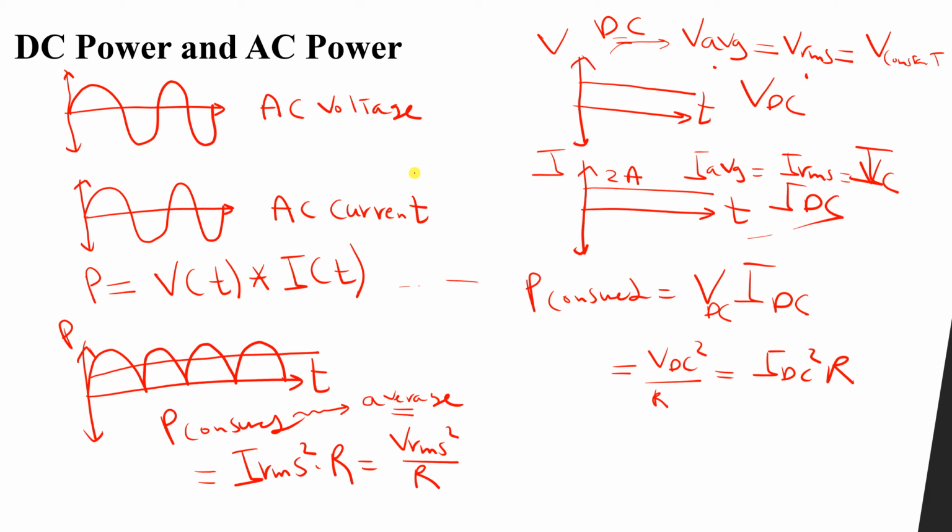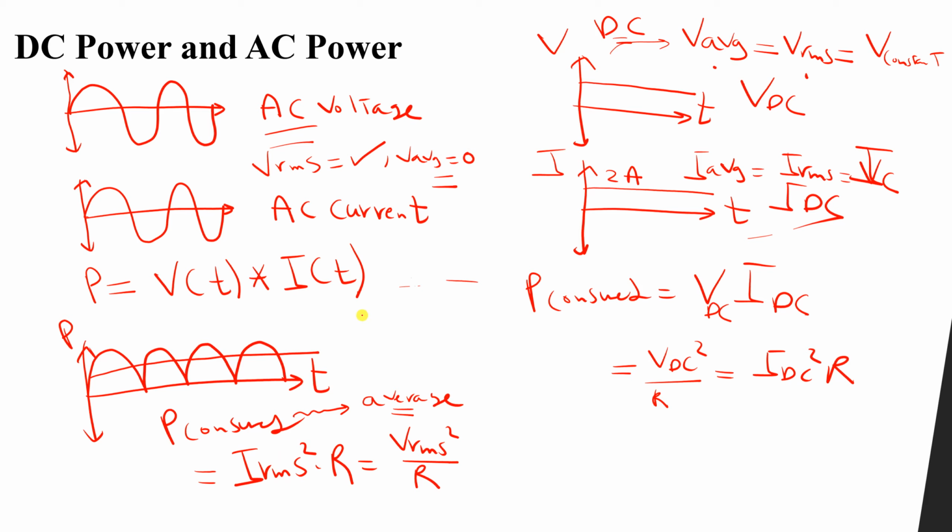However, in an AC system, as you can see in the AC voltage, V RMS is equal to a certain value, but V average is equal to 0. The RMS is used to give us the effective value.